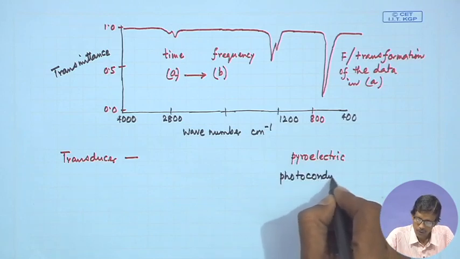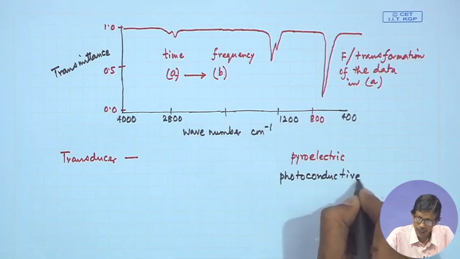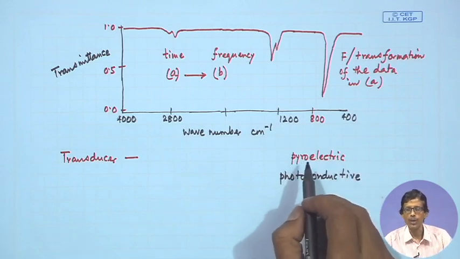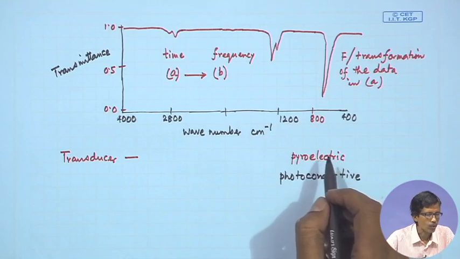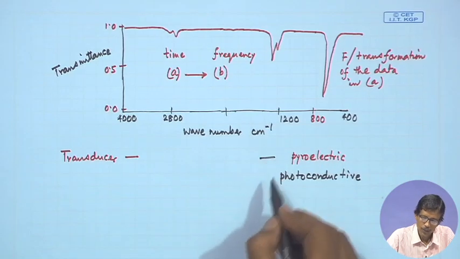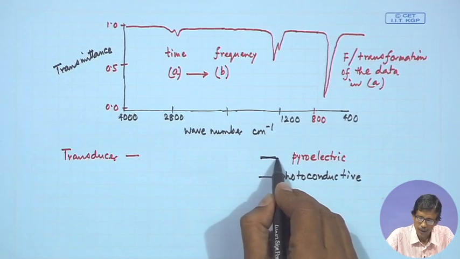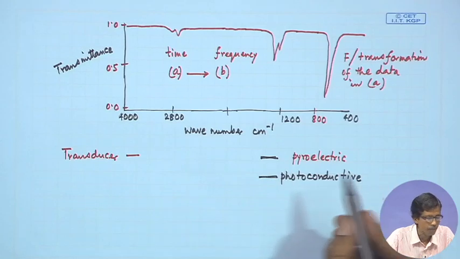These are the two most commonly used transducers for this measurement, that means for the signal being absorbed by the sample.